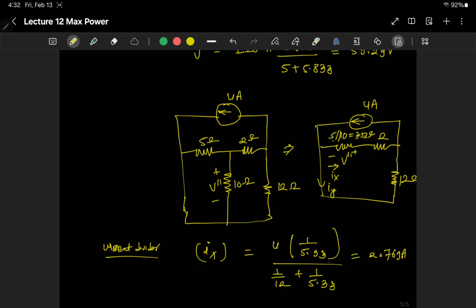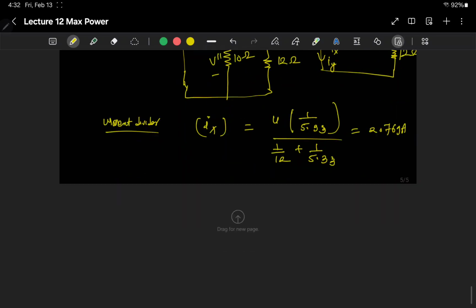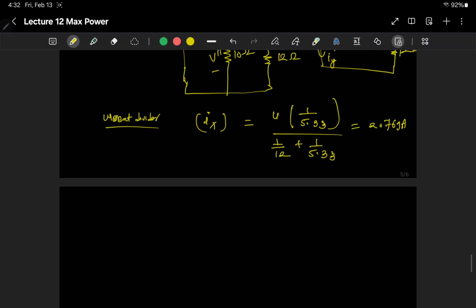Now we know the current, we can calculate the voltage difference across this part, which is current times the resistance, 3.33, right? But that will be negative because of the sign. So V double dash is equal to minus Ix times the R equivalent between those two, which was 3.33.